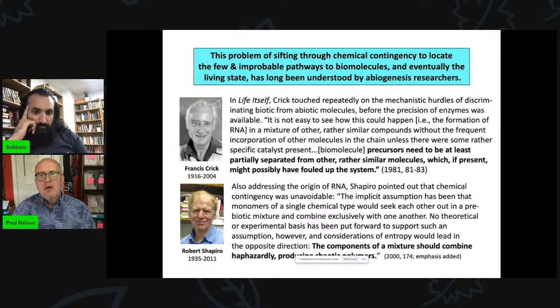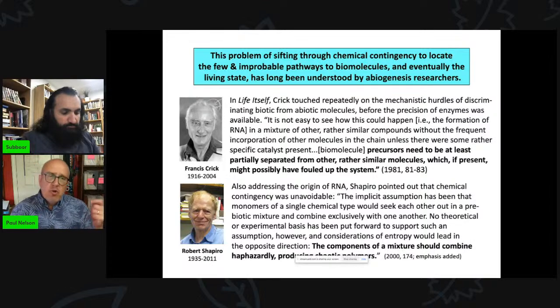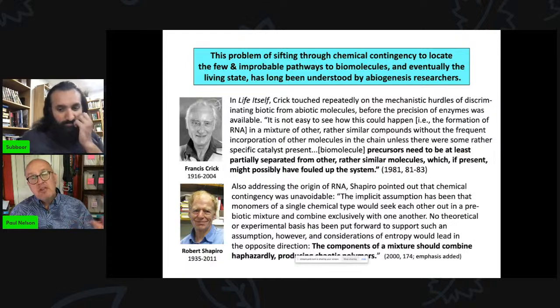So in his book, Life Itself, in 1981, where he proposed the directed panspermia hypothesis, which he also published in the peer-reviewed literature with Leslie Orgel, he says, what is going to do the selection before we have the enzymes that in living things that we know are doing this for us?